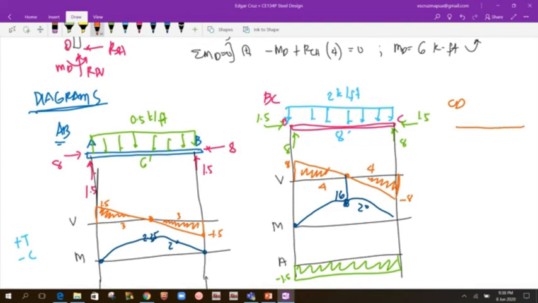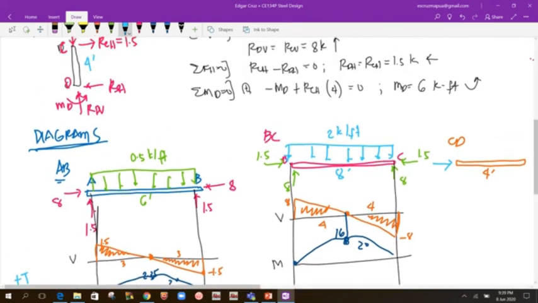Yung member niya, maikli lang, 4 feet. So, ano yung mga forces? So dito meron siyang RDV, no? So ito yung RDV.